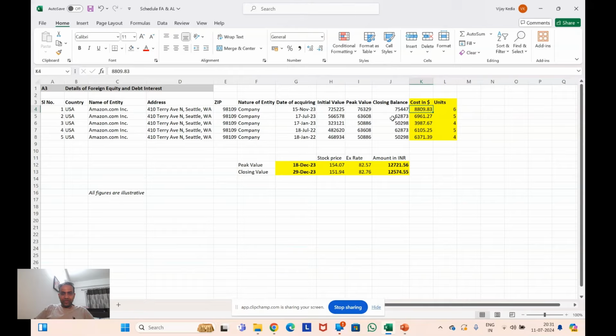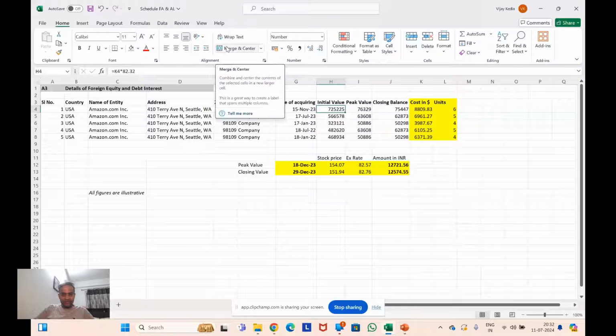and then you need to multiply that with the exchange rate as on this date. So the exchange rate on this date is 82.32. So how did I arrive at this exchange rate? There is an SBI TT buying rate, which you need to use here.